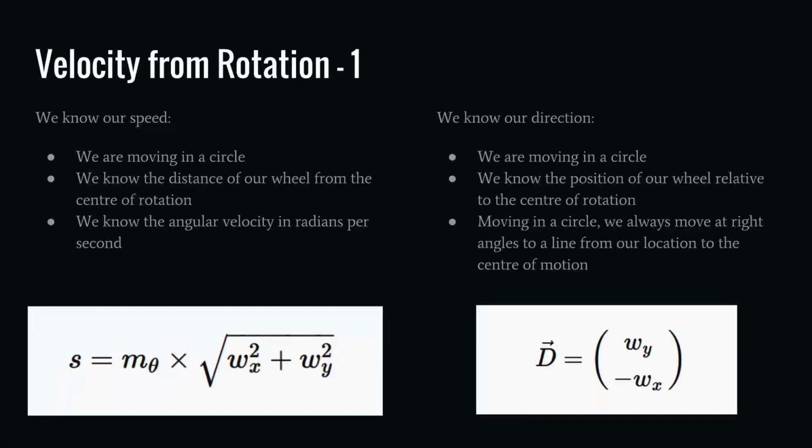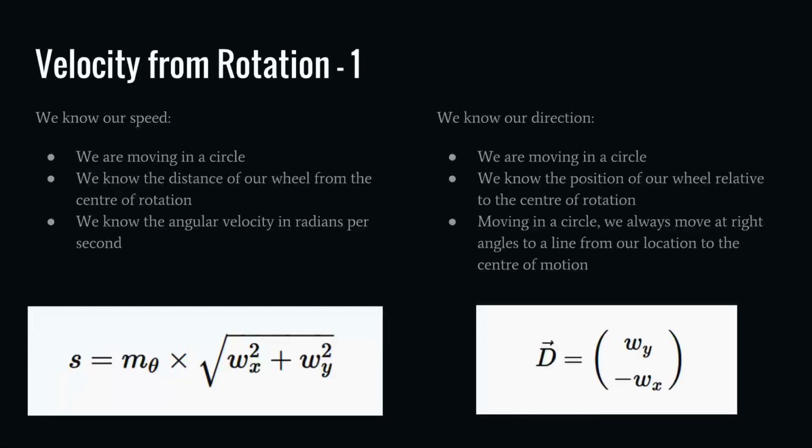And we know our angular velocity because we specified that straight up front. So that's our m theta. So actually, as it turns out, the speed is our angular velocity in radians per second multiplied by our distance, which in this case is the square root of the x-coordinate and the y-coordinate of the wheel squared. So that's just basic trigonometry. You're calculating the length of your hypotenuse from a right-angle triangle.